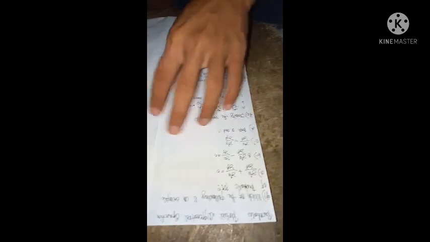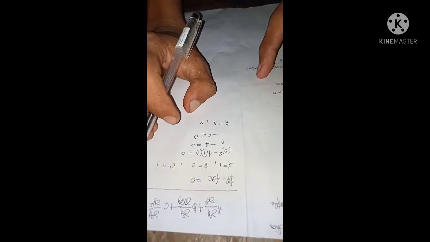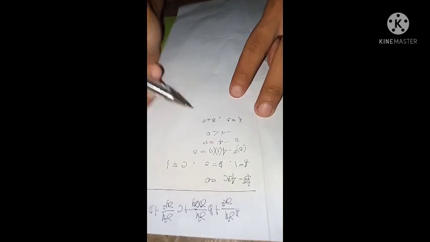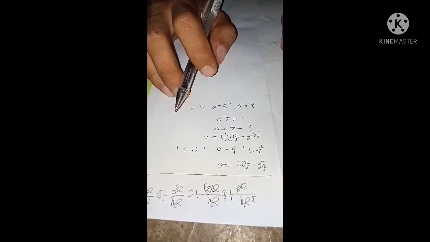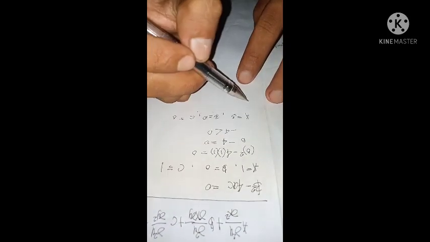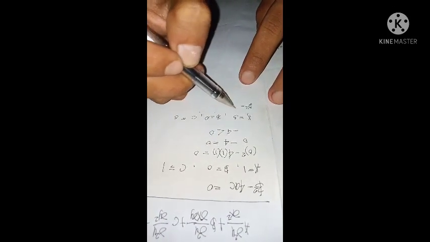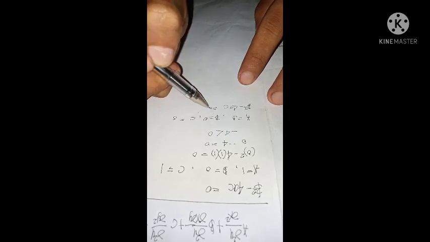So letter B: A is equal to 3, B is 0, and C is equal to 0 also. So b squared minus 4ac is equal to 0.